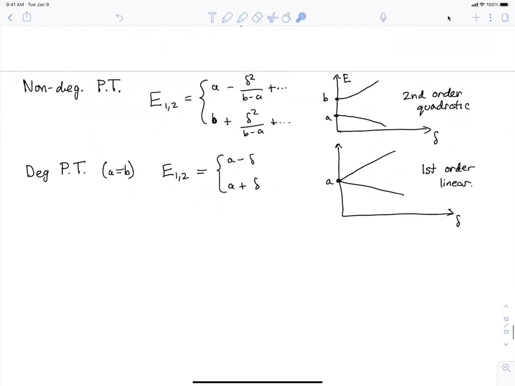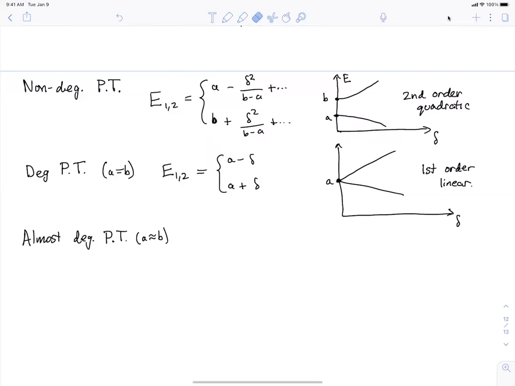Okay, but then the third case is almost degenerate perturbation theory. That would be if A and B are very close together. And there the formalism tells you you're supposed to solve the exact problem.